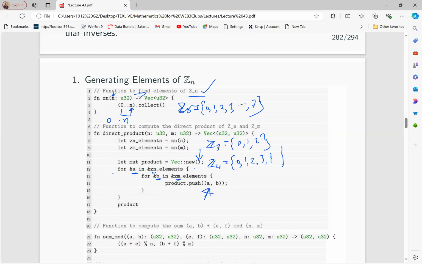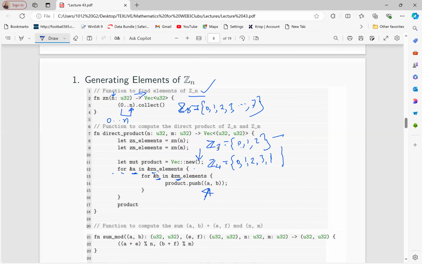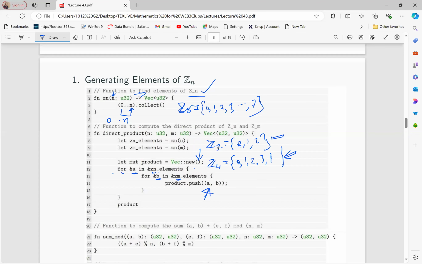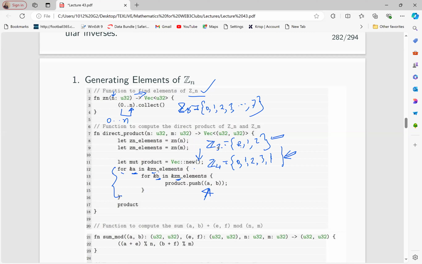So what that means for A in Zn is, for every element in Z3 and for every element in this, it begins with this 0. It combines with 0, 0 combines with 1, 0 combines with 2, 0 combines with 3. That is what this part means.